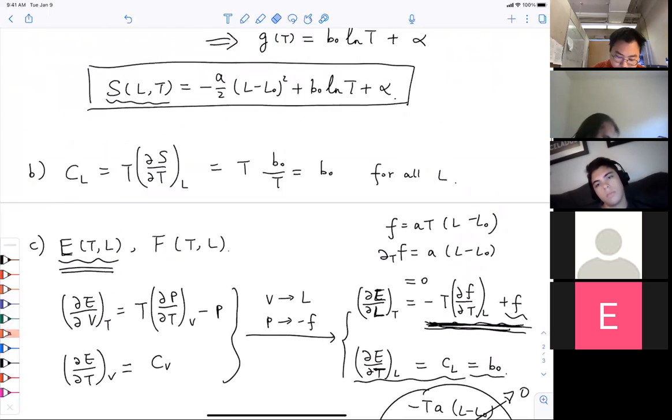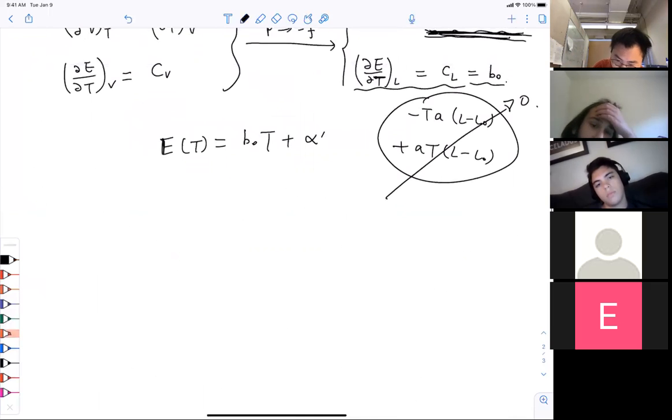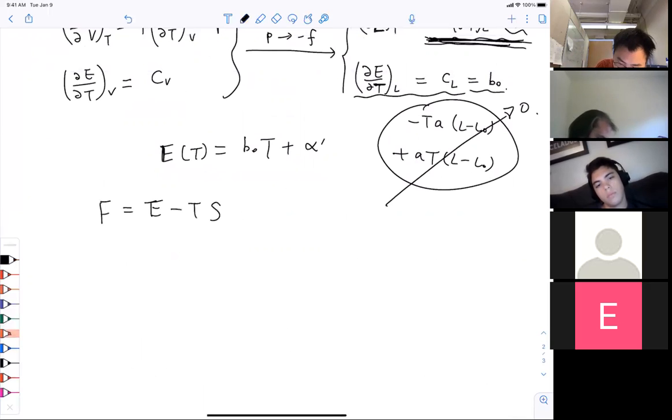Since we know the entropy and also the internal energy, we know the free energy. Free energy is given by energy minus TS. You just plug the expressions of E and S into this equation and you get the free energy. That's all for part C.